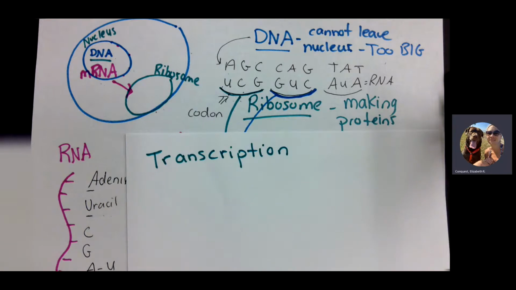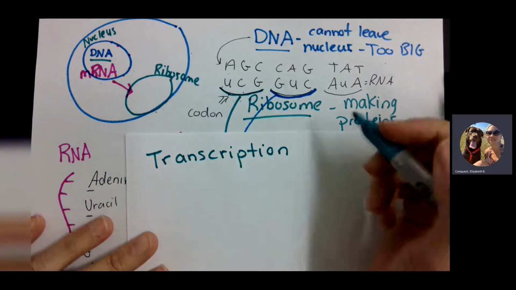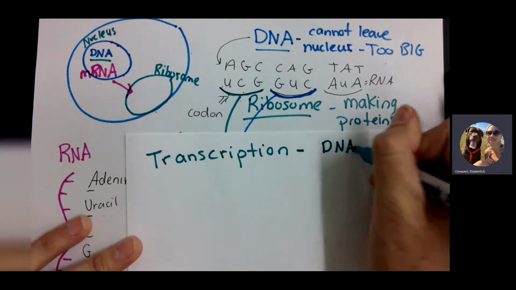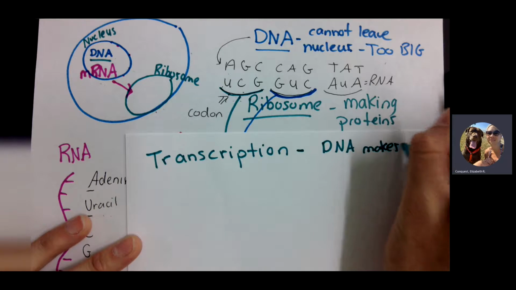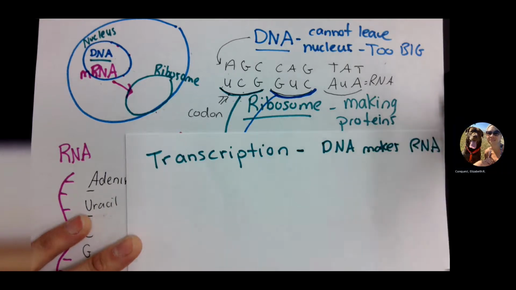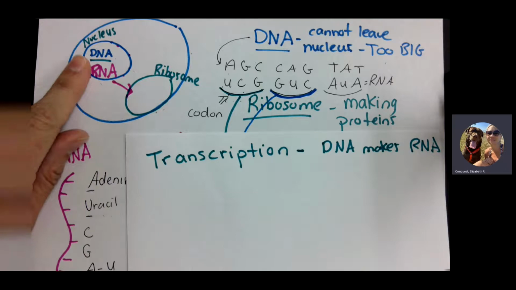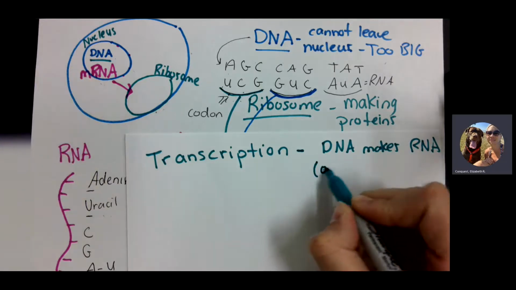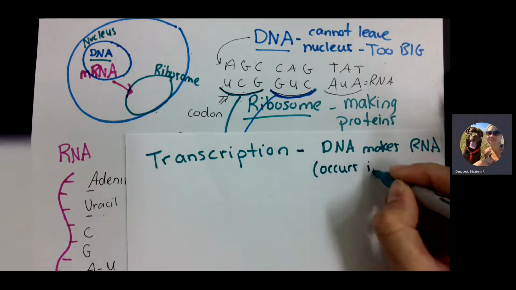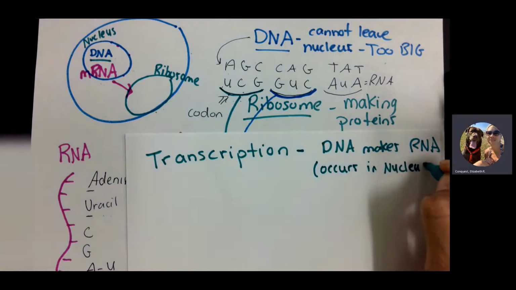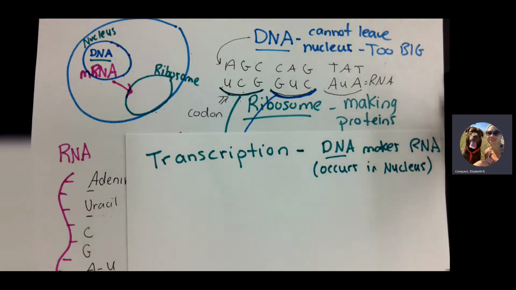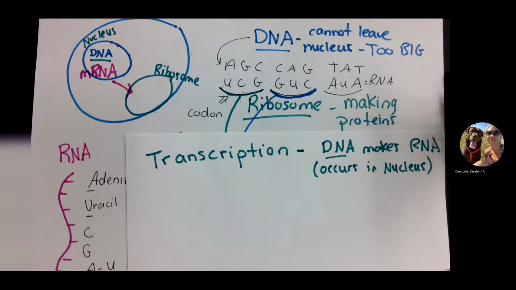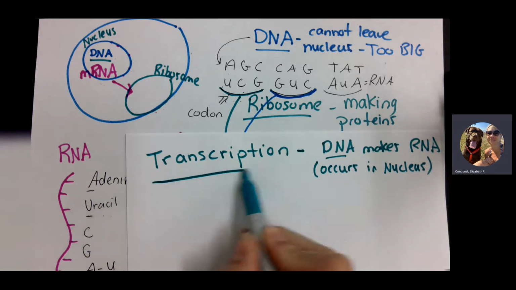Transcription is just a fancy word, and you do need to remember this, but this is what it's called when DNA makes RNA. Okay, so transcription, DNA makes RNA, this occurs in the nucleus, right? If it involves DNA, it has to be the nucleus, because remember, DNA is too big, it can't leave the nucleus. All right, so transcription, that's the word.